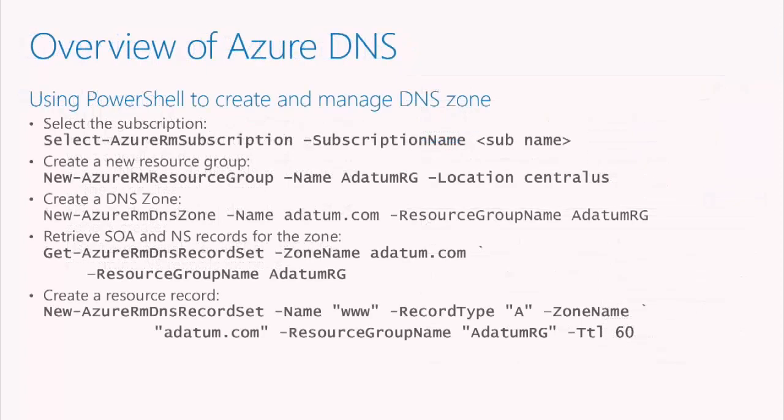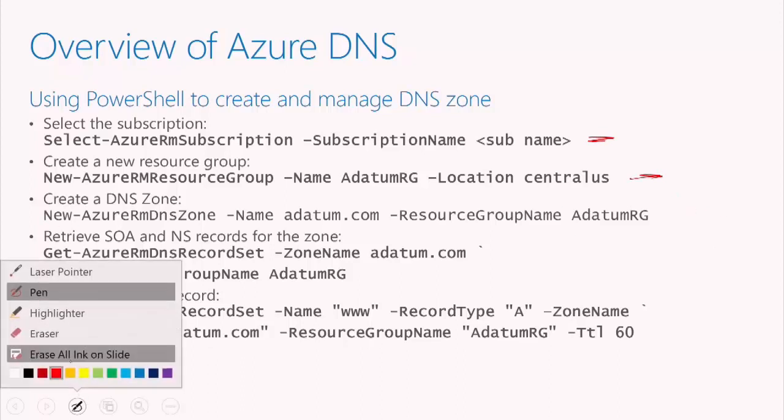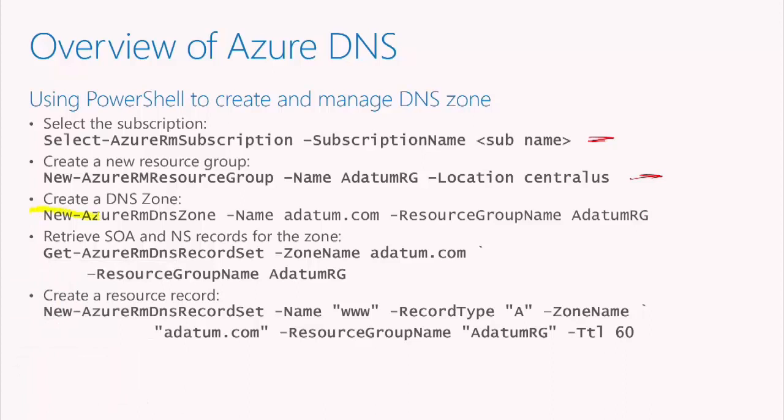I mentioned one of the benefits of this is you can now manage it using all the same tools you use for Azure. Here's a sampling of the Azure DNS PowerShell commandlets. So subscription, resource group, and then creating a new DNS zone. Simply New-AzureRmDnsZone.